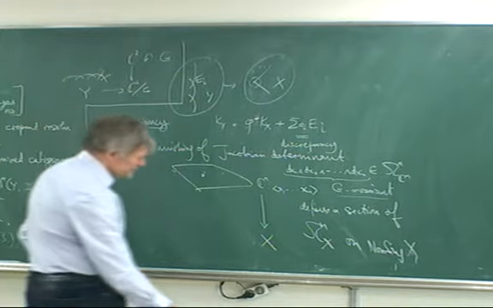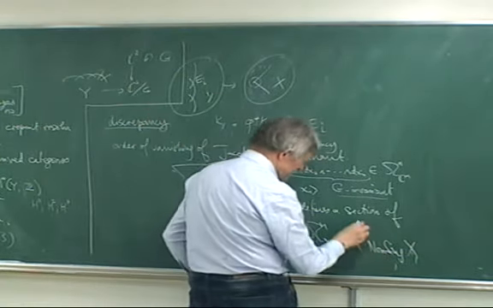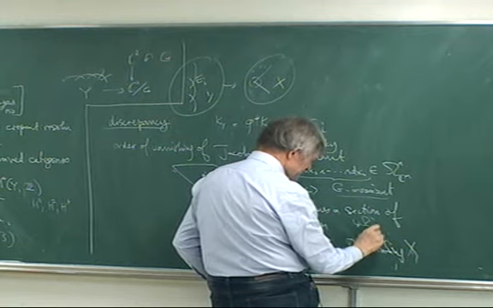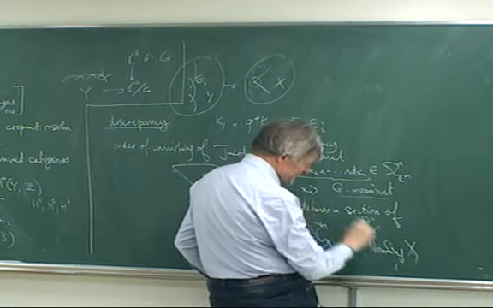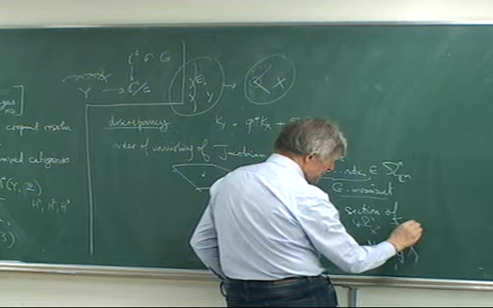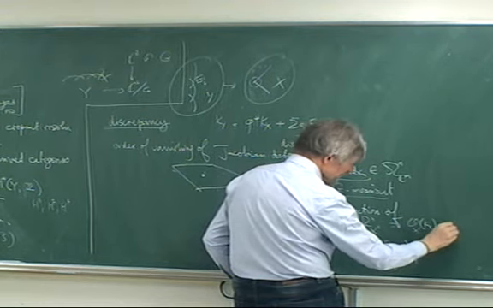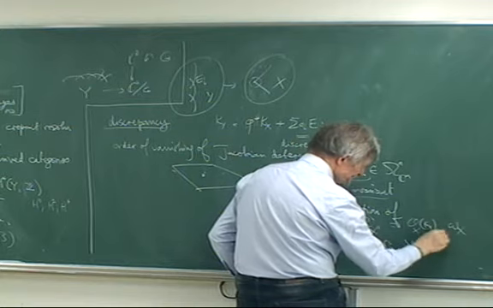On this non-singular X, I can do i lower star, and I can call this omega^n of X non-singular. I can call this O_X of K_X, or I can call it omega_X.